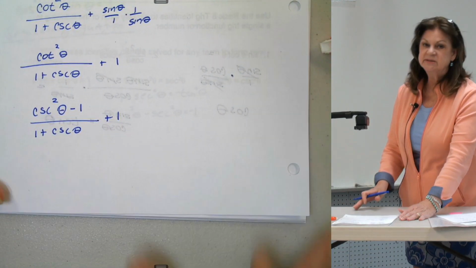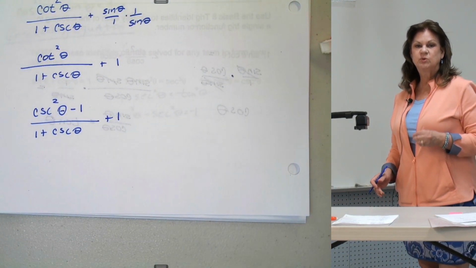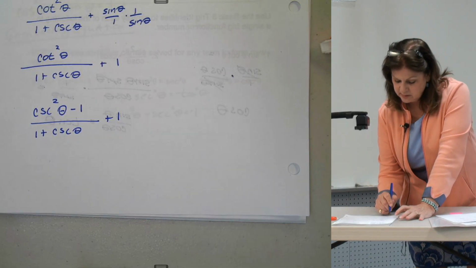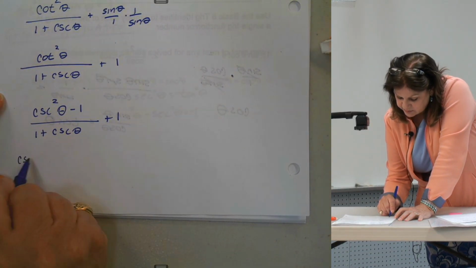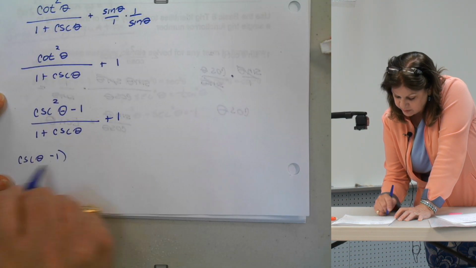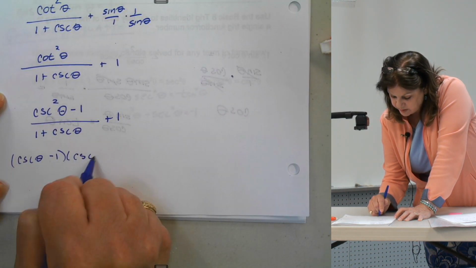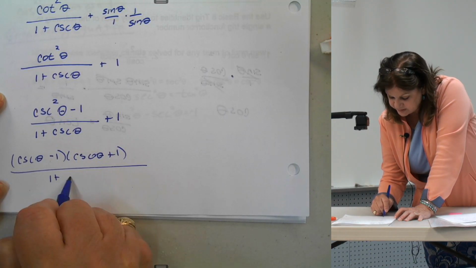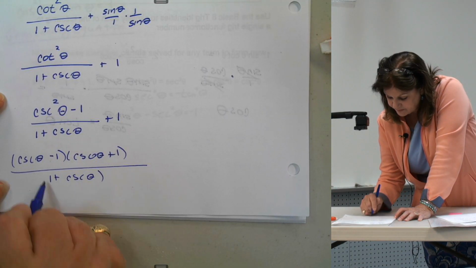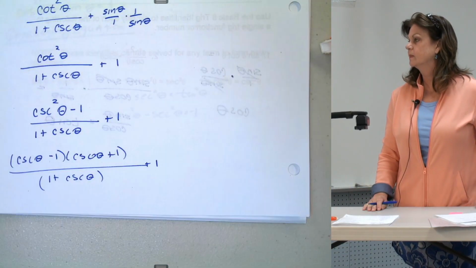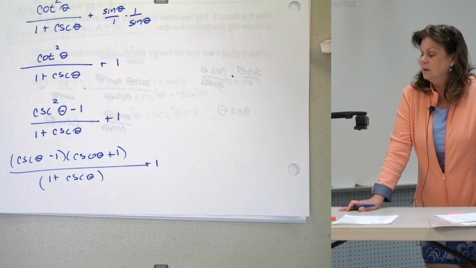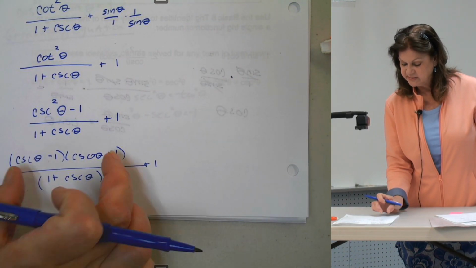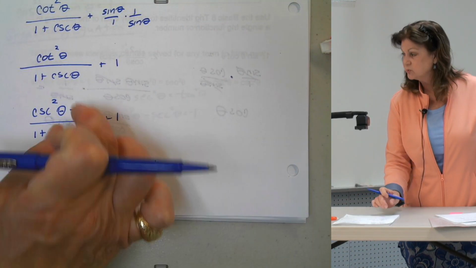Huh. Well, isn't cosecant squared theta minus 1 a difference of squares? Wouldn't that be cosecant theta minus 1 times cosecant theta plus 1 over 1 plus cosecant theta? Let's see. Cosecant times cosecant, cosecant squared, positive, negative, those go away, minus 1, there you go.